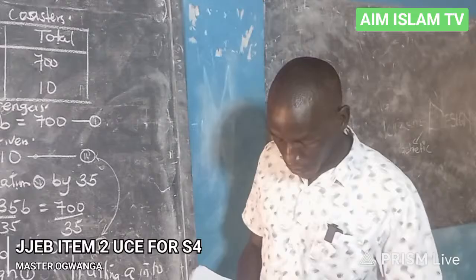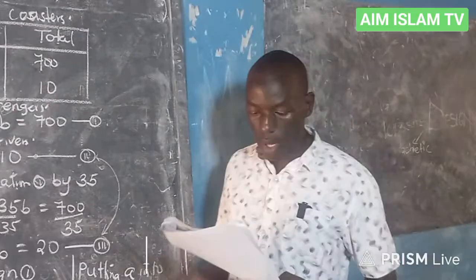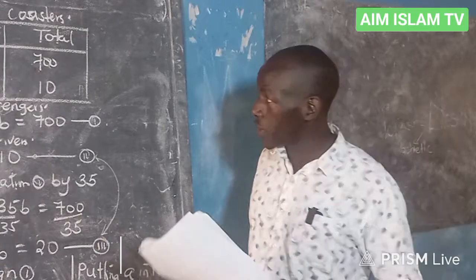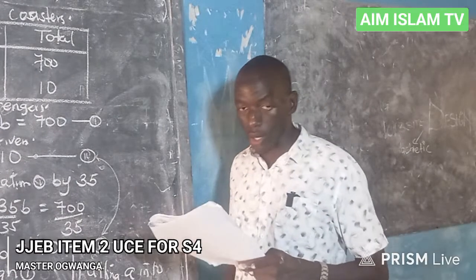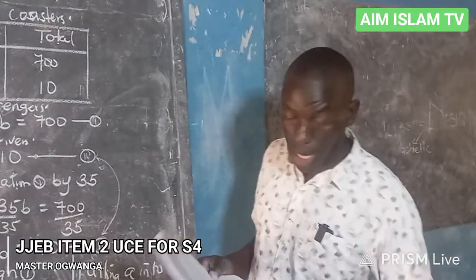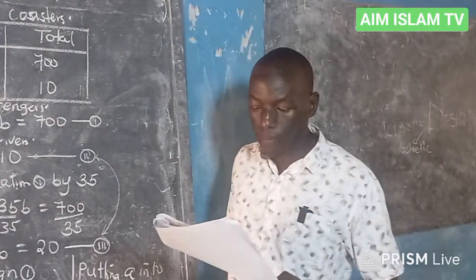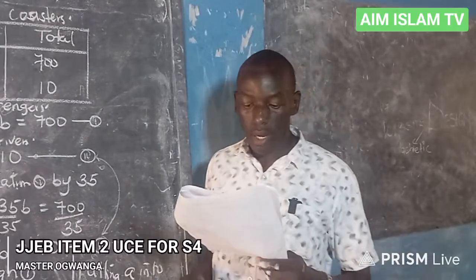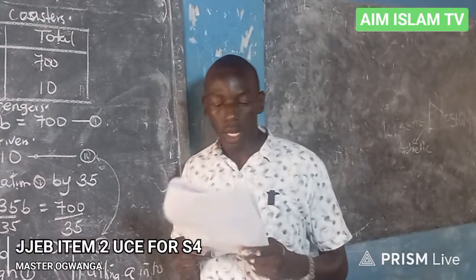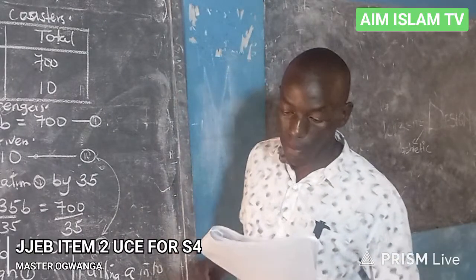So in that paragraph 2, they want us to come up with the constraints under linear programming. The constraints we are going to develop should be based on the bags of cement and the bags of lime.